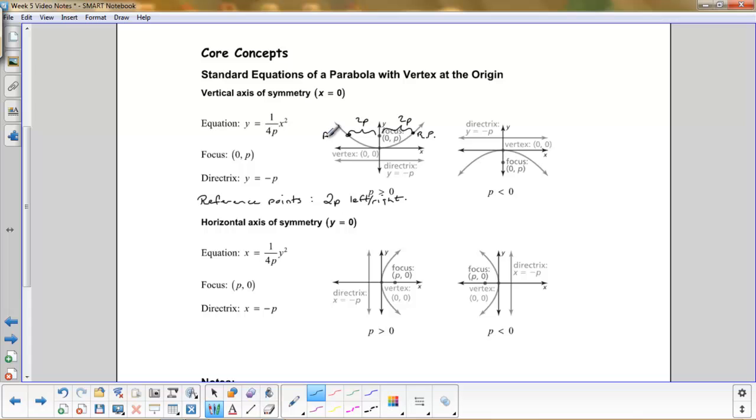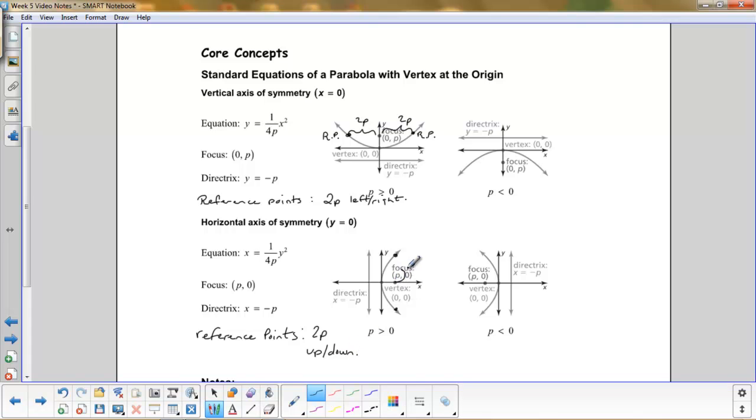They're going to play a very critical role when we look at the stretch and compression of these particular conic sections. So now this reference point is going to be 2p units above and 2p units below. So let's go ahead and write that in so we can see the difference. Reference point. Again, that's 2p units up and down, and that is from the focus.